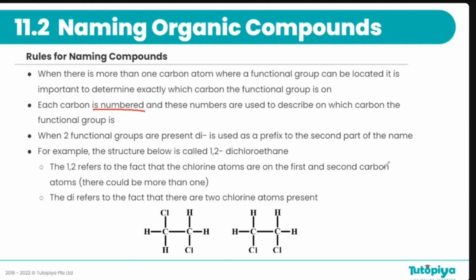And not only that, when there are more than a few carbons, there could be more than one of the same functional group as well. So in this case, we use a new prefix, di and tri. If you have 2 functional groups, we use the prefix di. If there's 3 functional groups, then we use the prefix tri.